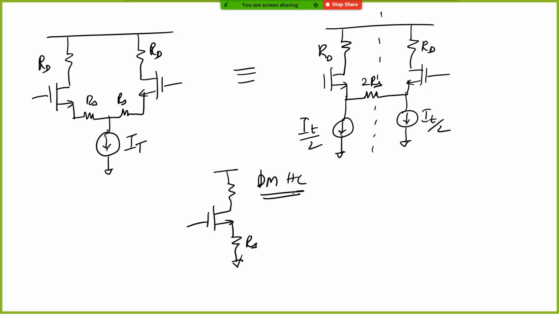And for your common mode half circuit, of course, Rs will come in parallel with your RT. So this is what is called a differential mode signal.